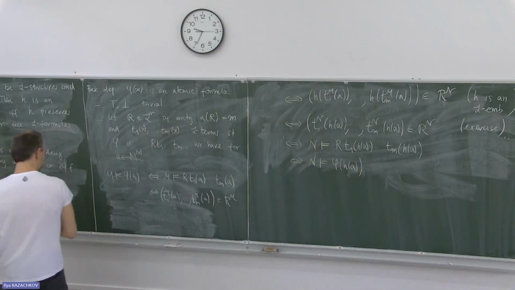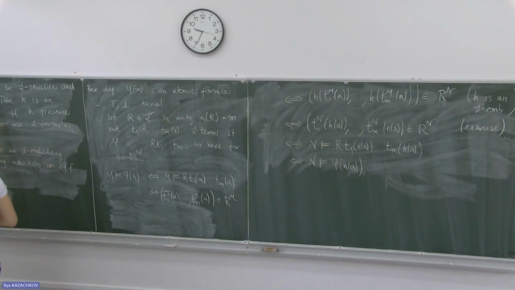I forgot to say here: we proceed by induction on quantifier-free formulas, but we show something stronger, showing directly the if and only if. So we show that phi of a holds if and only if phi of h of a holds.